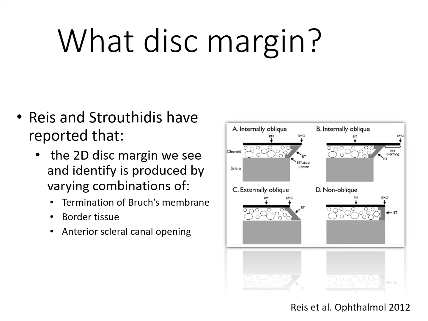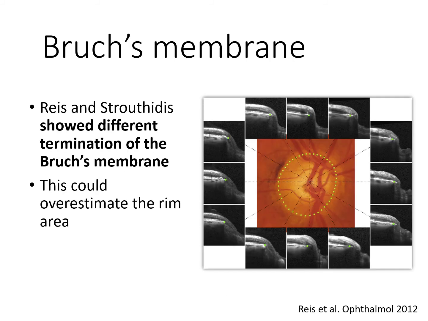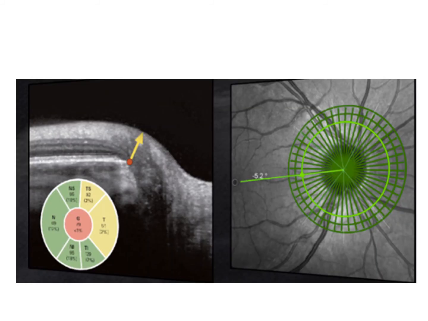But in a recent study using OCT, Reis and Strouthidis showed a different termination of the Bruch membrane. So this could overestimate the rim area, creating a problem in the correlation that we are looking for.